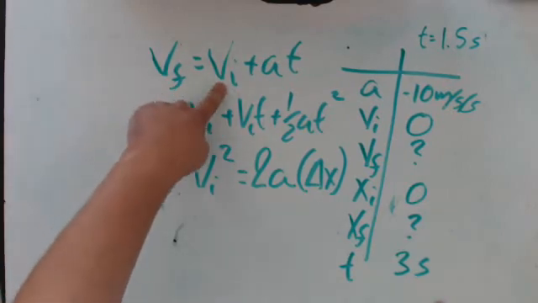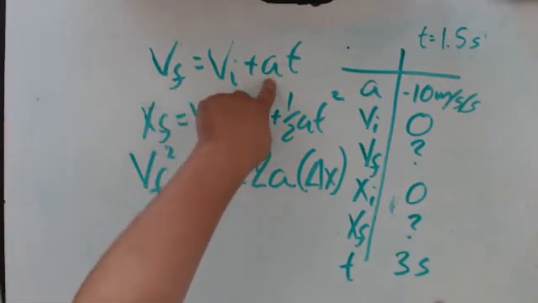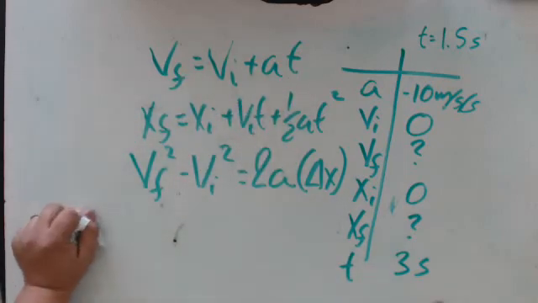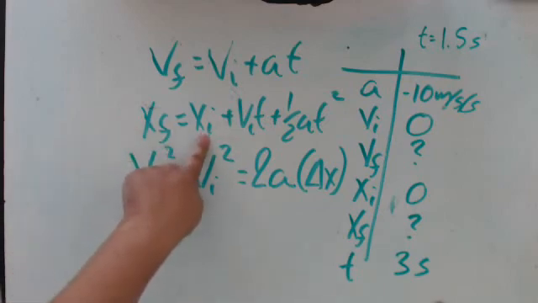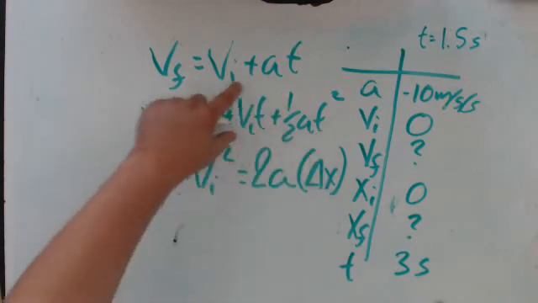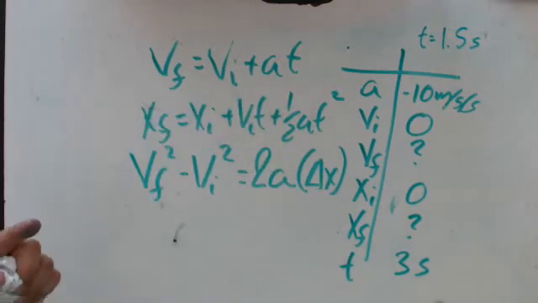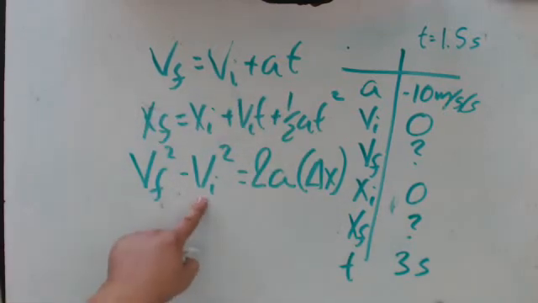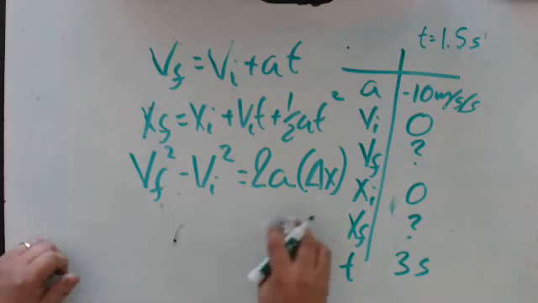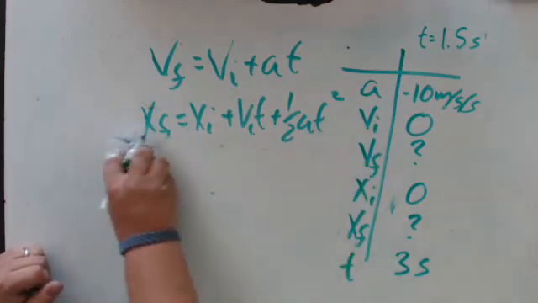I can solve for the final velocity, but that's not really what I'm looking for. This second one looks like a good candidate. The last one doesn't work, because I don't know the final position. So that means the middle equation is the one I'm going to use.